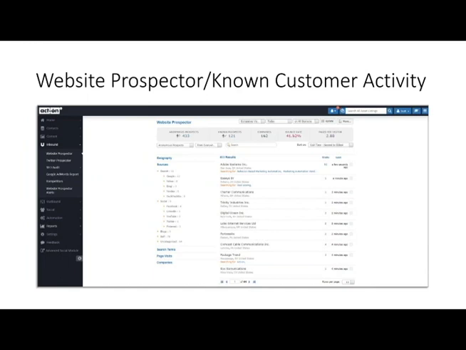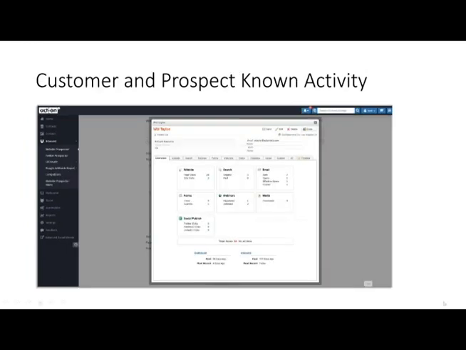We can start seeing how they're coming to you. Are they doing Google searches? From a geography standpoint, we can understand where they're coming in. We're capturing this and consistently reporting this information out to you so it's not a surprise where they're actually viewing and coming from.